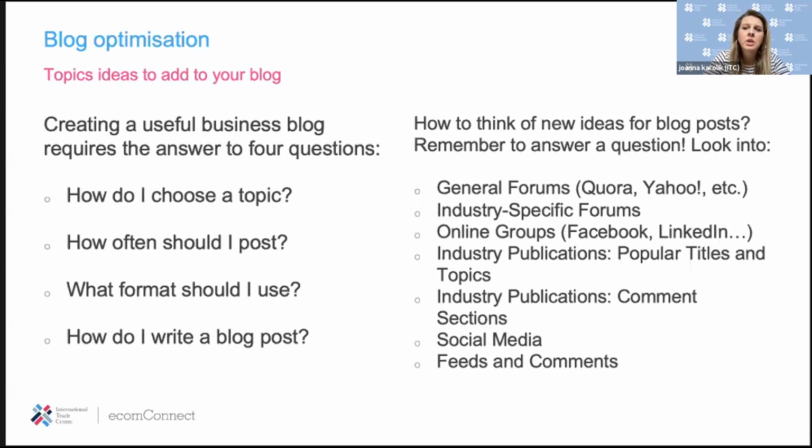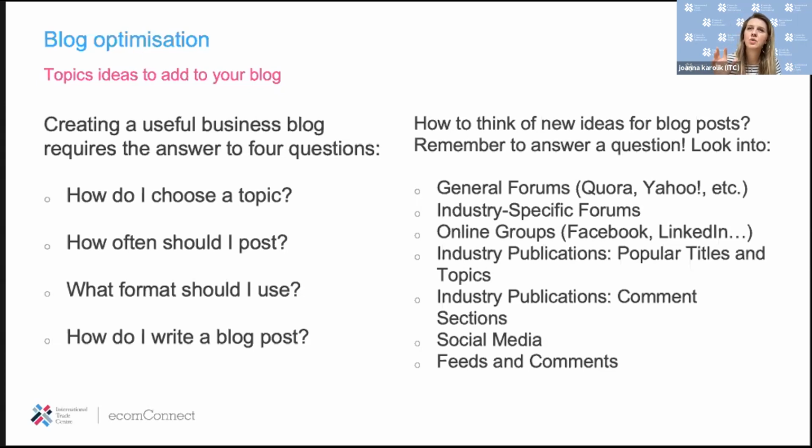Let me give a broad example. For example, in the tourism sector, at the moment, if you have a blog, you can write about COVID on the blog. Writing about COVID on a website in the tourism sector, you are not selling your product directly.